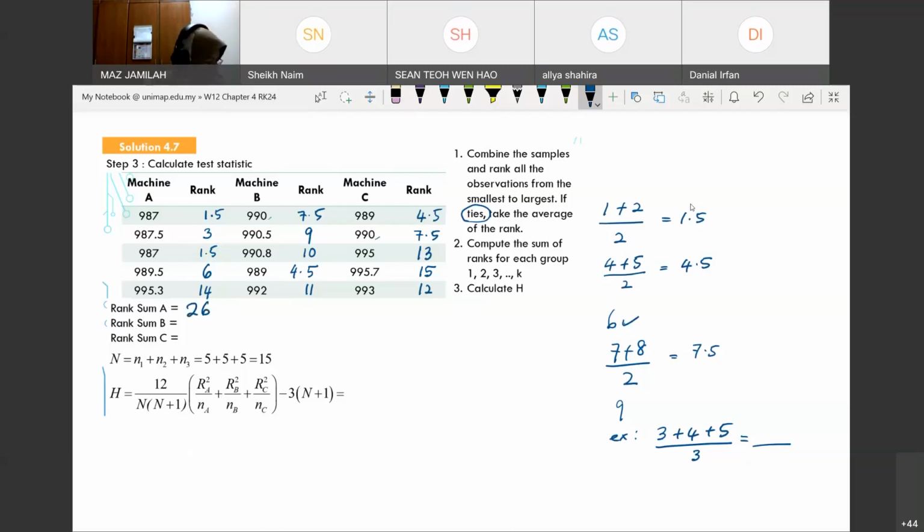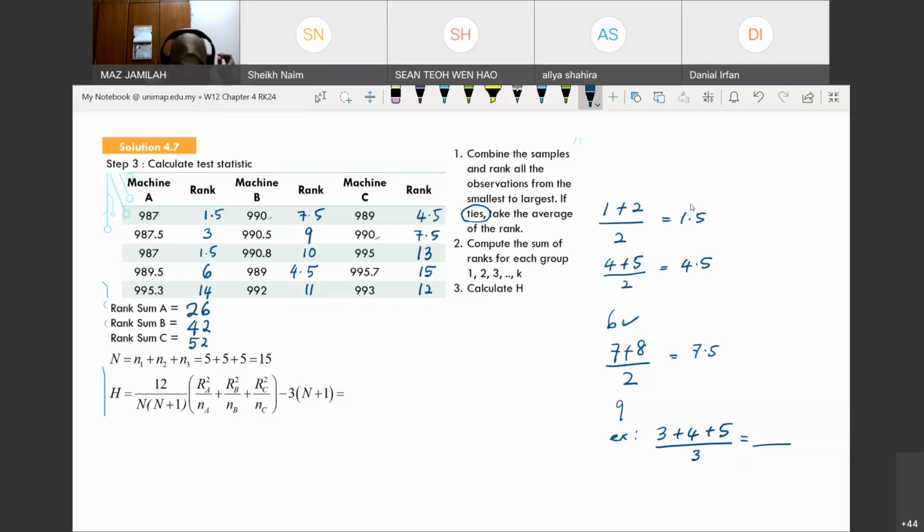And for your rank sum B, you will get 42. And for your machine C, you will get 50. Okay, and what does this value tell you, class?